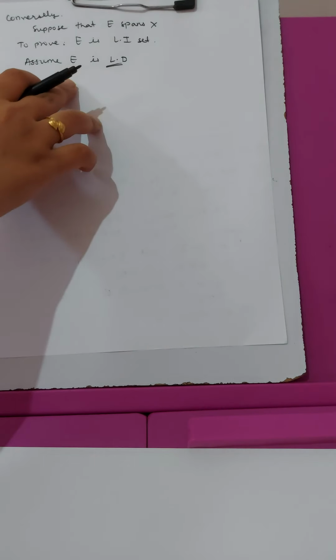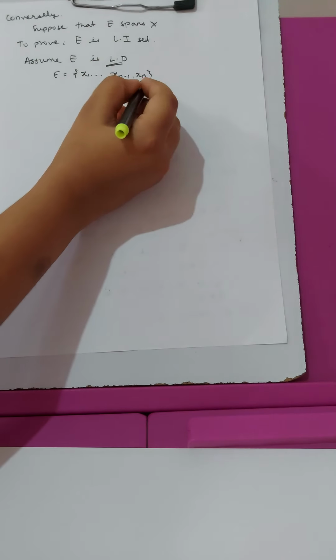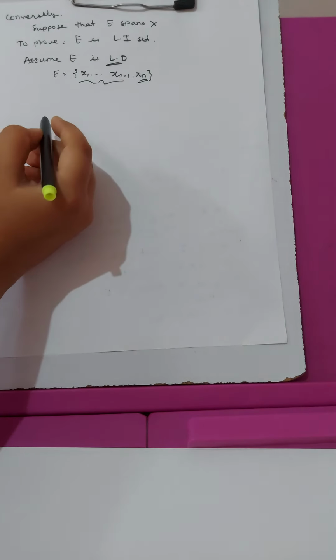Now since E is linearly dependent, one of the elements of E can be expressed as a linear combination of its previous elements. So if E equals x1 to xn, xn becomes linearly dependent, we can write xn as a linear combination of these previous vectors.